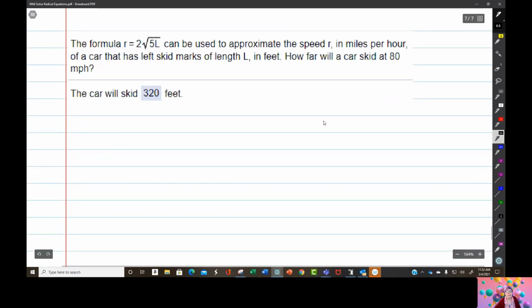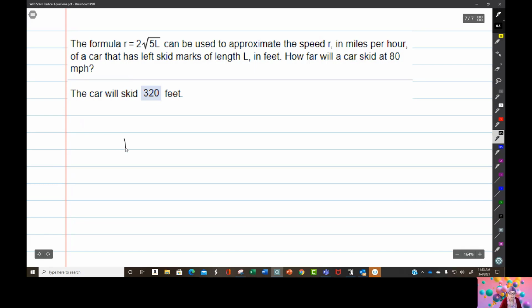Now, we have another one that hits closer to home. This formula can be used to approximate your speed, R, in miles per hour, of a car that has left skid marks L feet long. How far will a car skid at 80 miles per hour? Okay, so let's write this down.